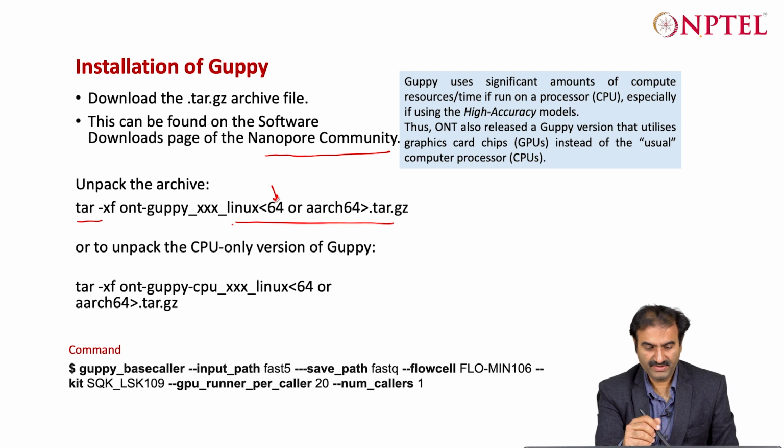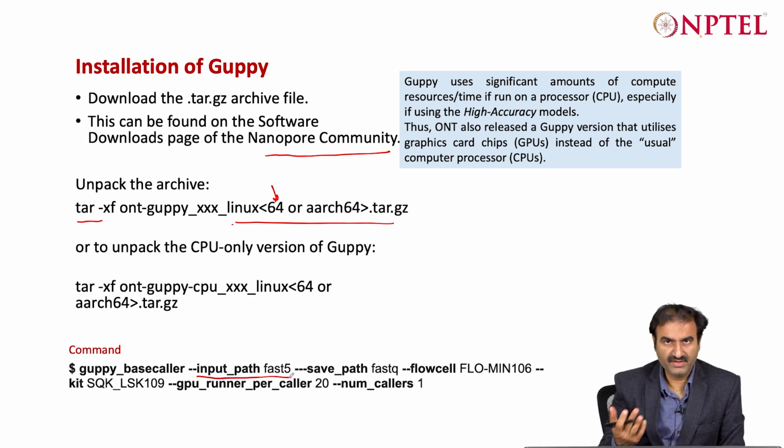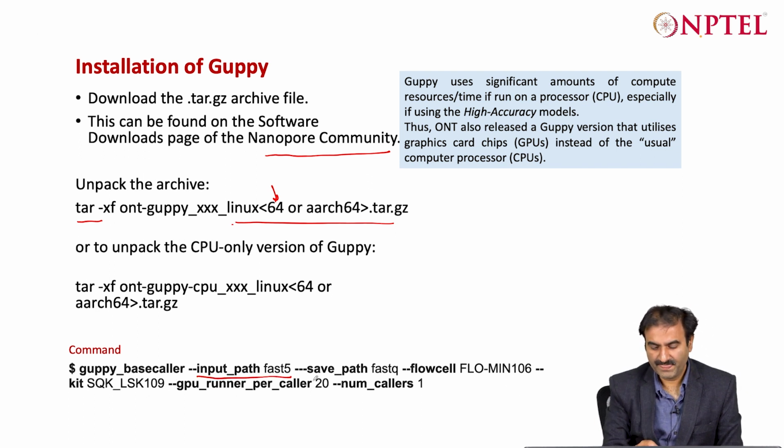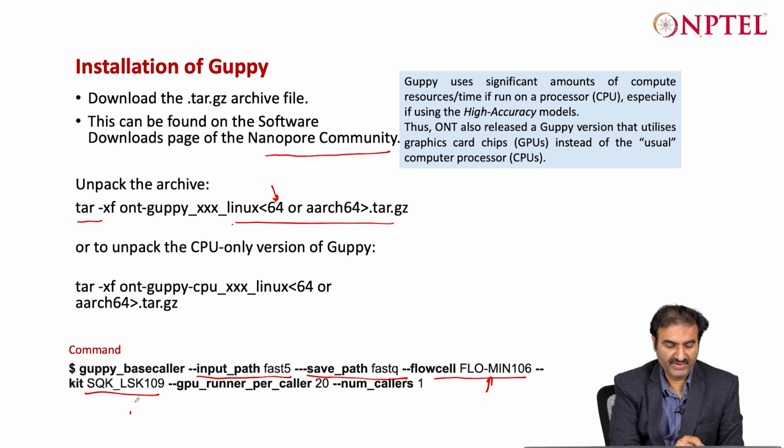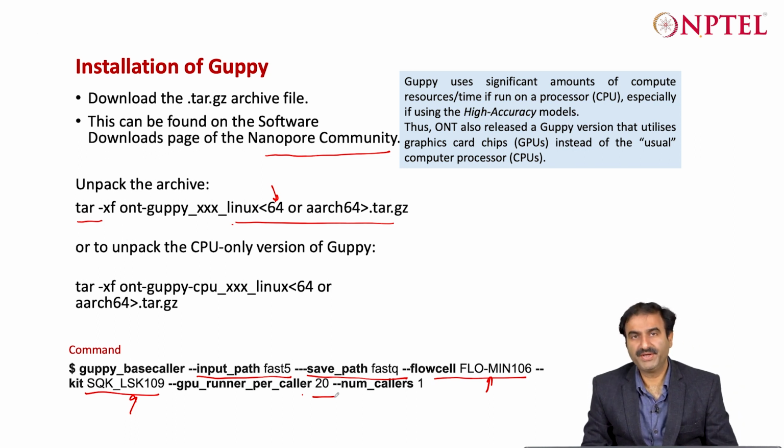And then once you have done this, you can run the command, which is guppy_basecaller, with the input path of the fast5 files that are generated by the sequencer, where you want to store the output, what flow cell type you have used, and what kit you have used, SQK-LSK109 in this case, and how many GPUs you are going to use.